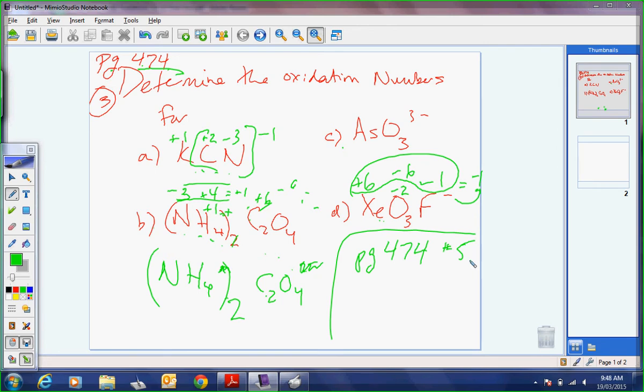Of these, if the oxidation number changes, it is a redox reaction. That's the answer. If it starts with an ion and ends with an ion, it'll be a single replacement or double replacement, no change.